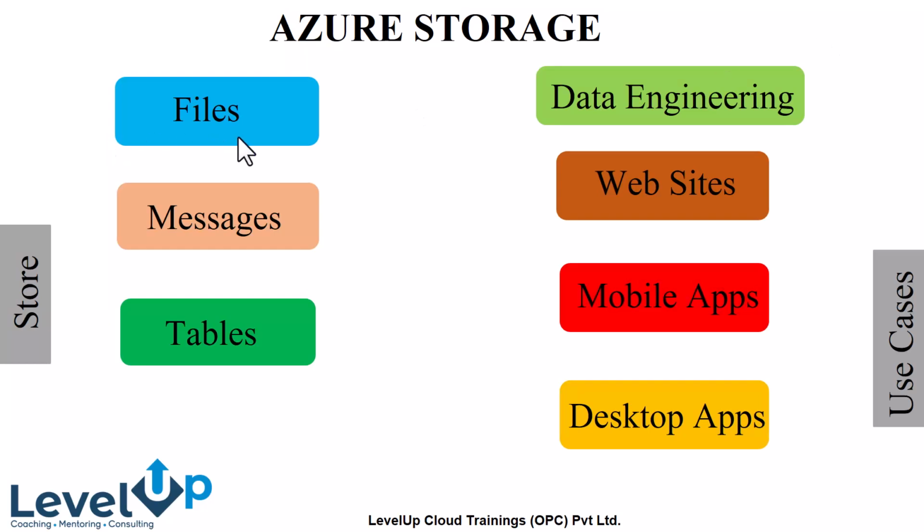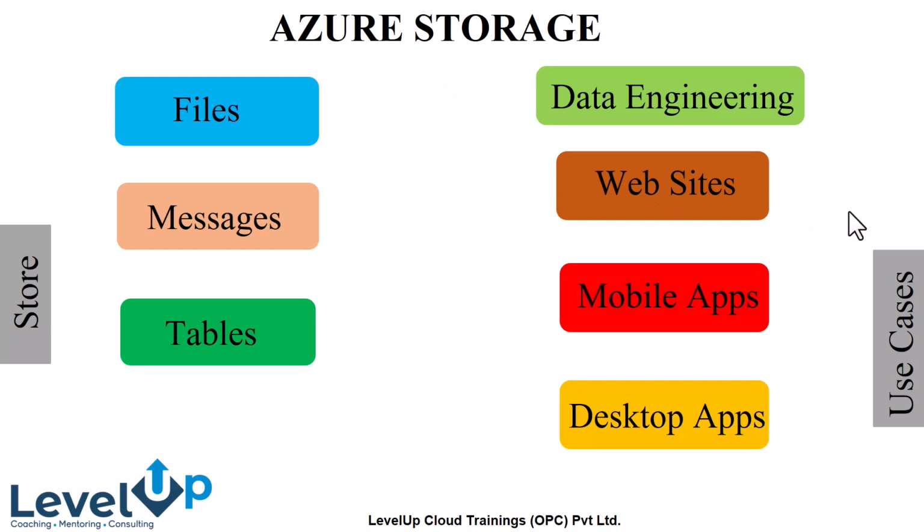We can store files, we can store messages, and we can also store tables, which is kind of a key value store. These are the different types of data that you can store on Azure Storage. Now, what are the use cases to store this data?